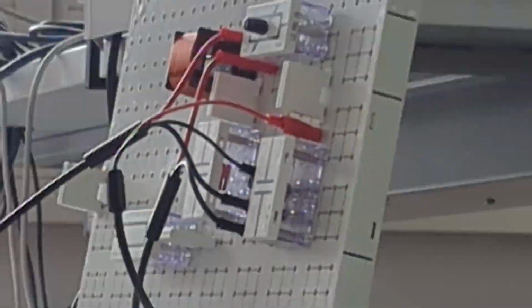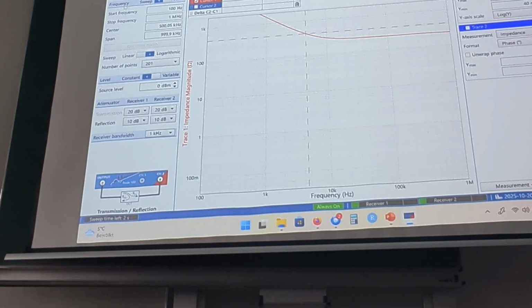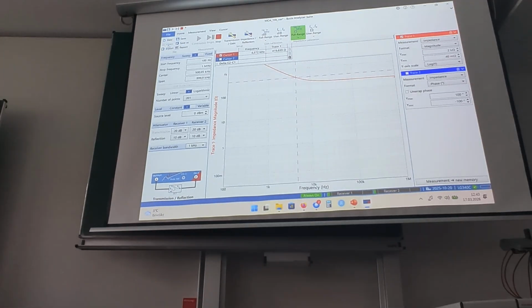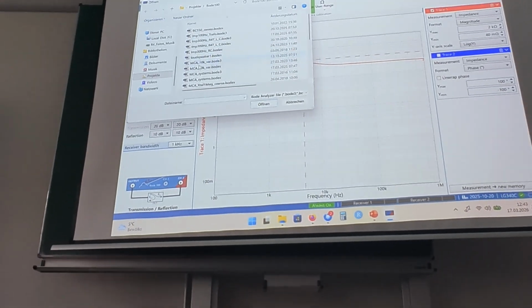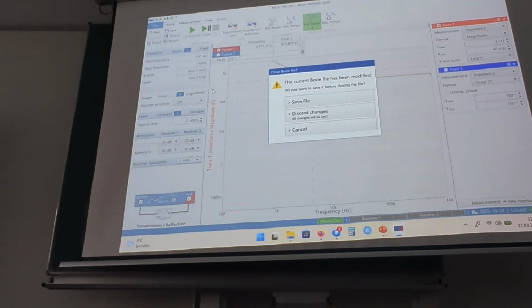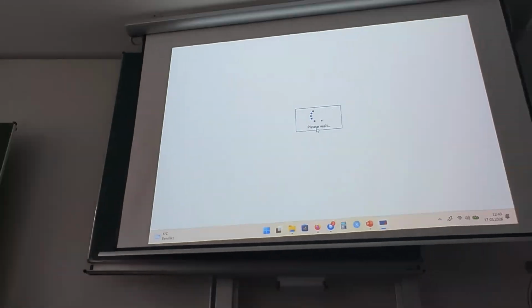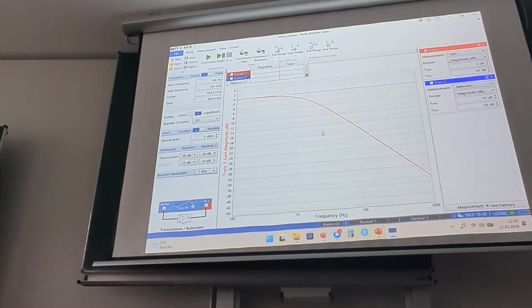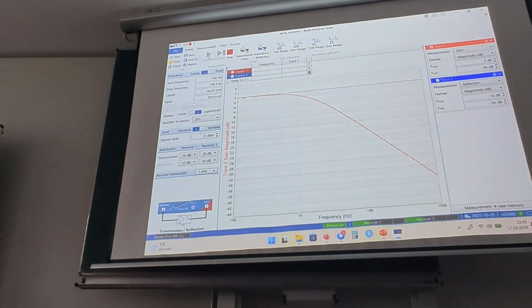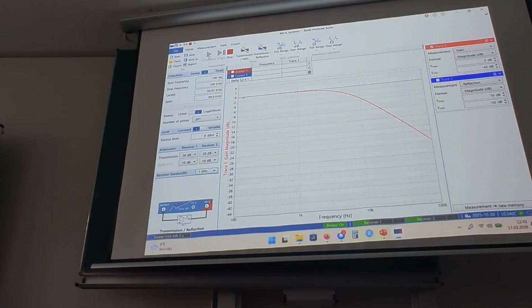Okay, then I have to switch over here. And this is the left diagram which we saw in the slide.